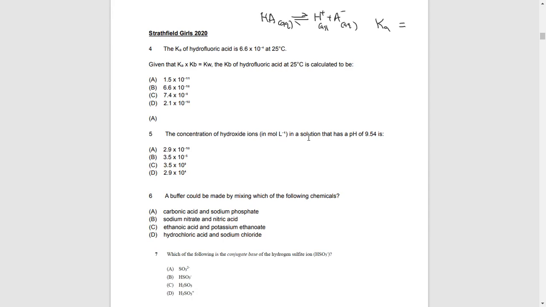So when you work out your Ka, it's basically the same thing as your equilibrium constant, except applied to the acid dissociation equation, which we've written out. So it'll be H plus times A minus over HA.